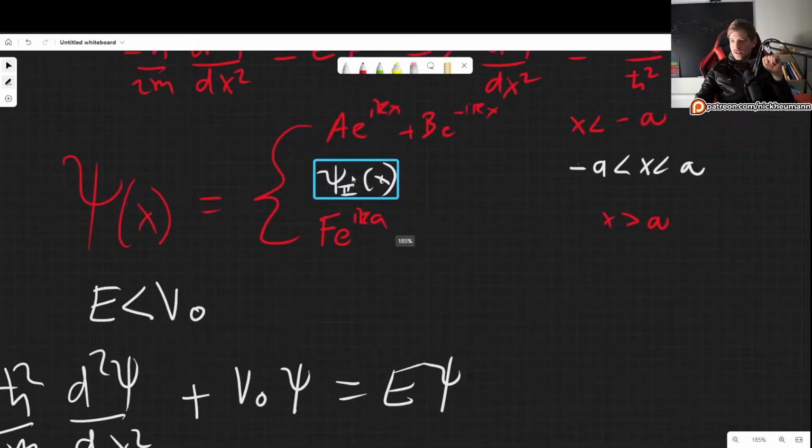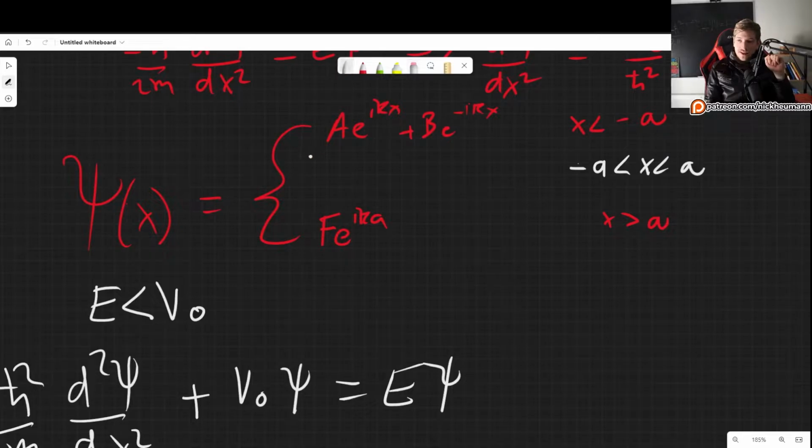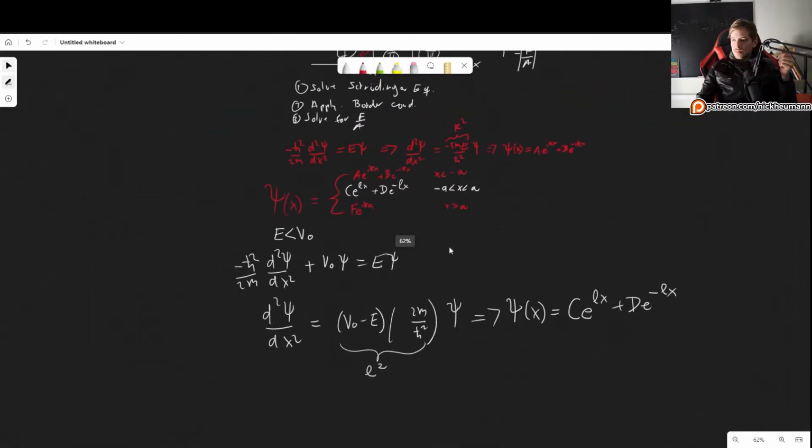So for this particular case, when the energy is less than the potential, we get a wave function of the form C e to the Lx plus D e to the minus Lx. And this is step number 1.